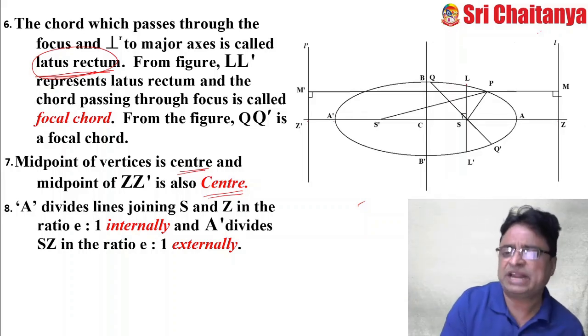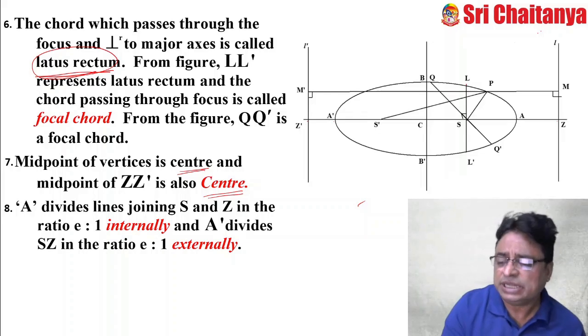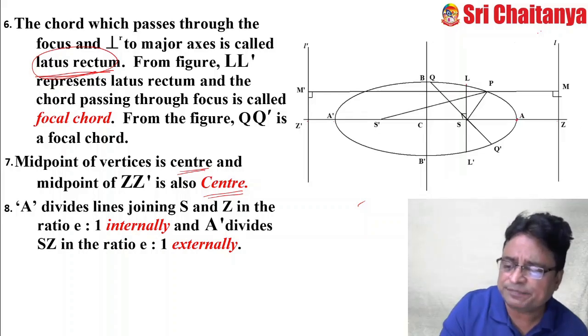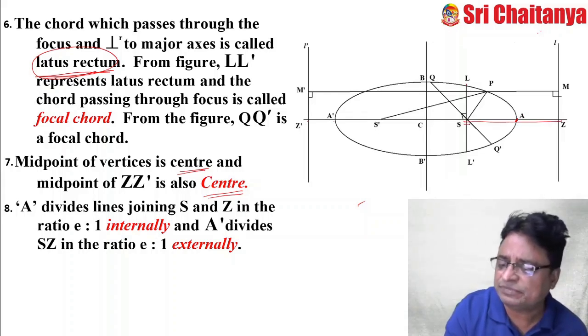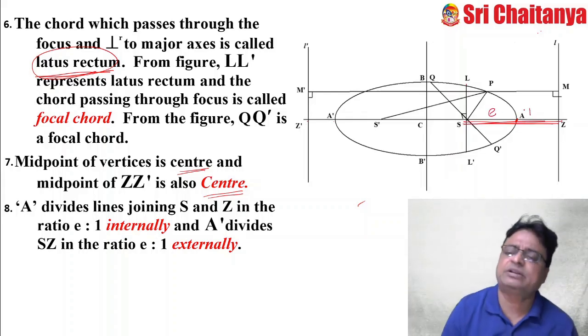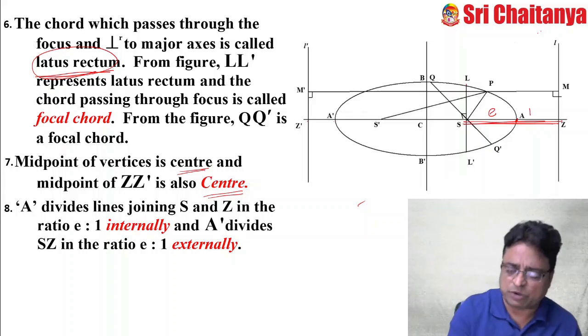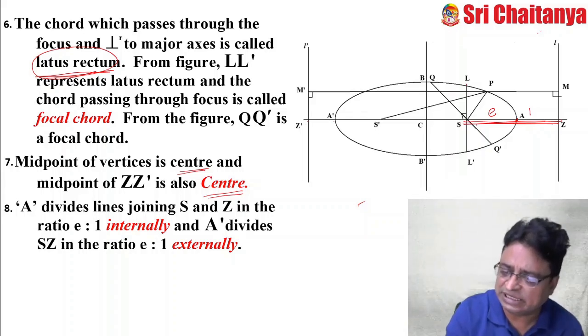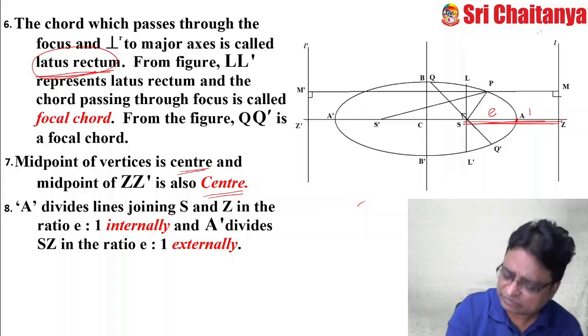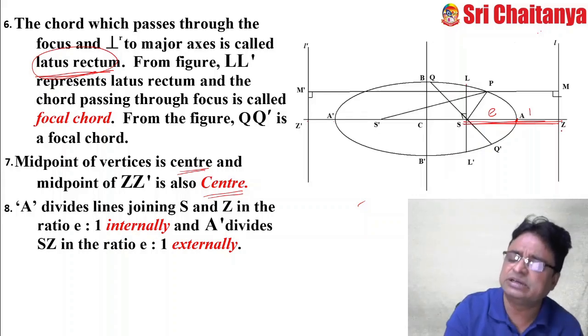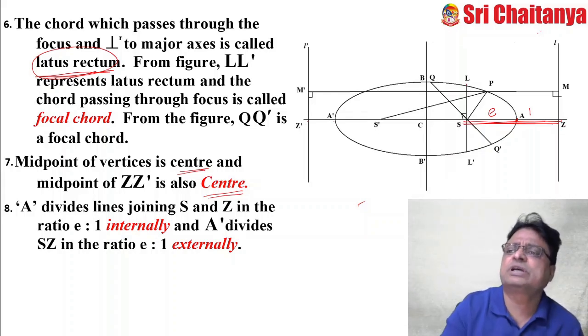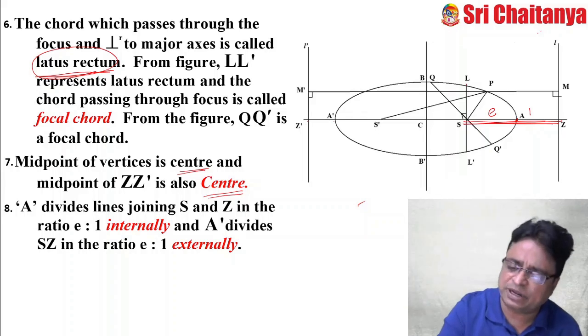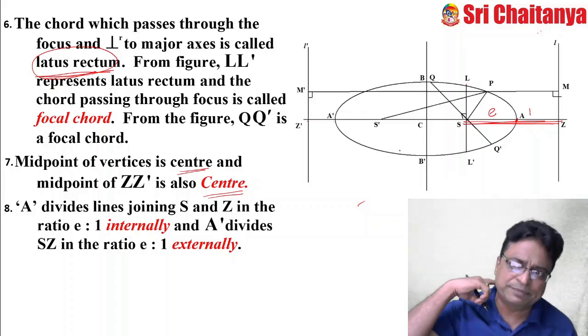But here, another important point: this point A, this is one vertex. This point A divides the segment SZ in the ratio E is to 1 internally. SZ means S is the focus and Z is the foot of the perpendicular from the focus onto the directrix, or the foot of the perpendicular from the center onto the directrix, whatever it may be.